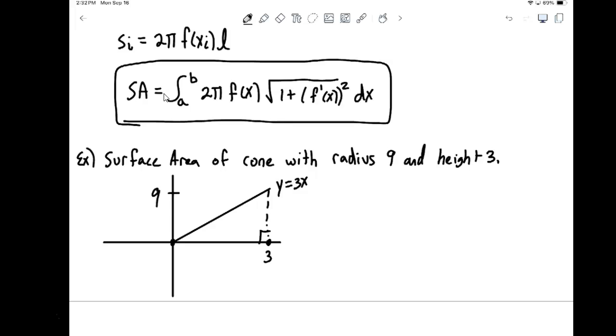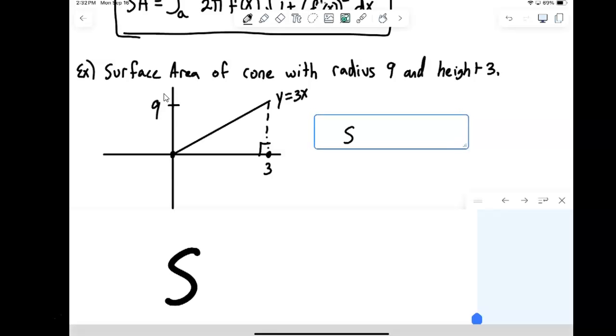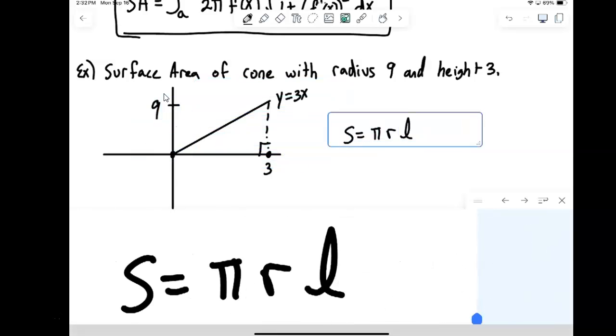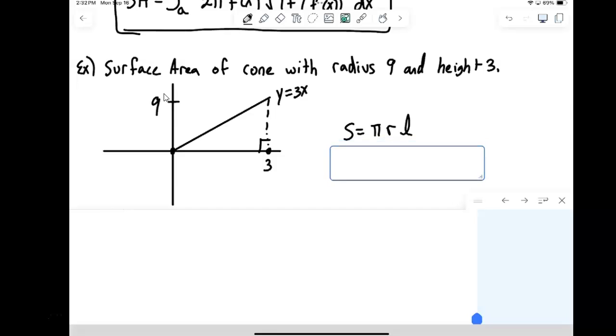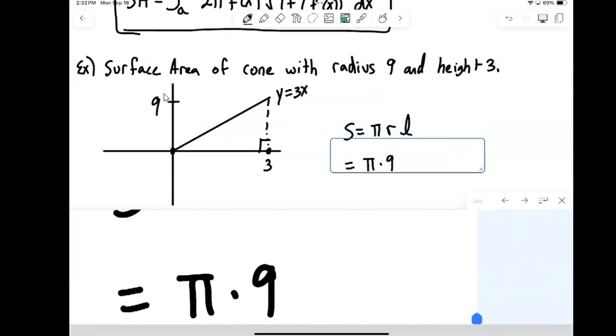On the one hand, if we do this just with the surface area formula that's given for a cone, which is just pi times the radius times the length right along the long side, then we would get pi times the radius, which is 9, times L, which is the hypotenuse of this right triangle.